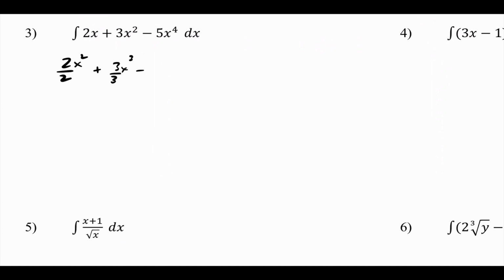The antiderivative of 5x to the 4th is 5x to the 5th divided by 5 plus c. You just need 1 plus c, so you just put it at the end. So luckily, these all divide to make 1. So it's positive x squared plus x cubed minus x to the 5th plus c.